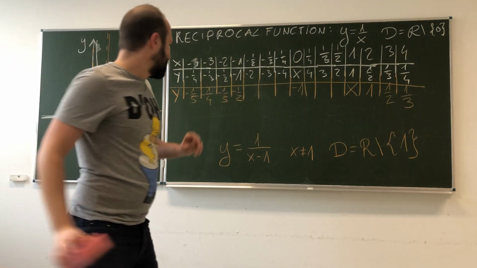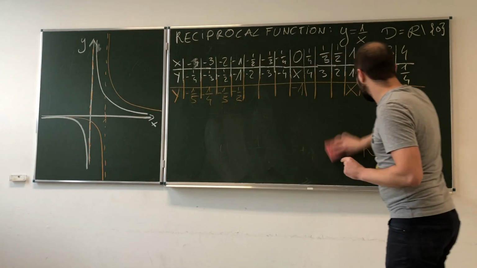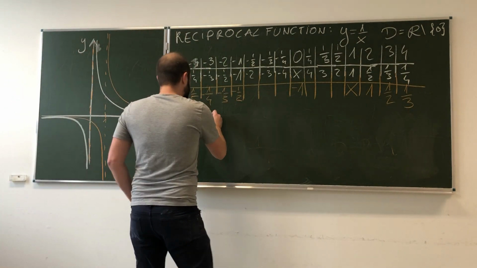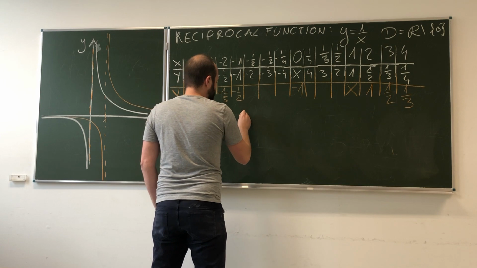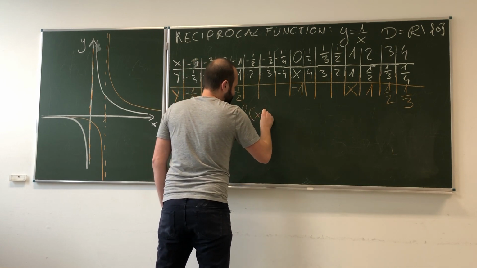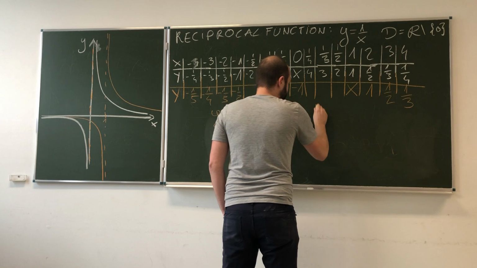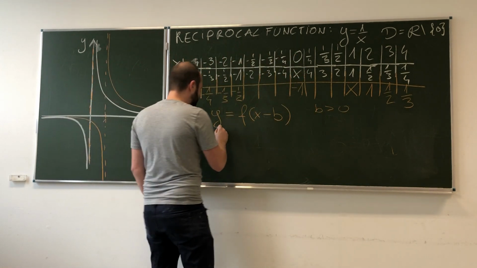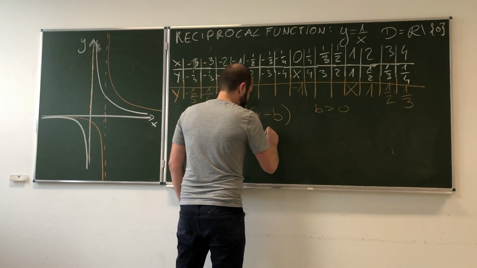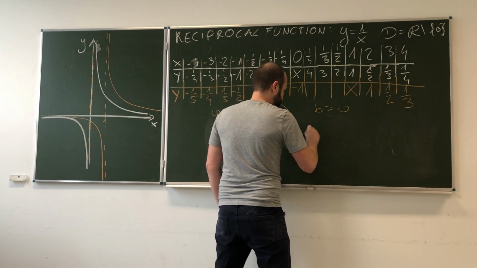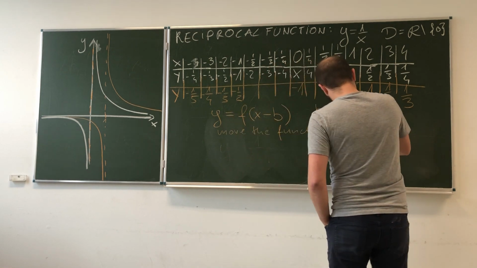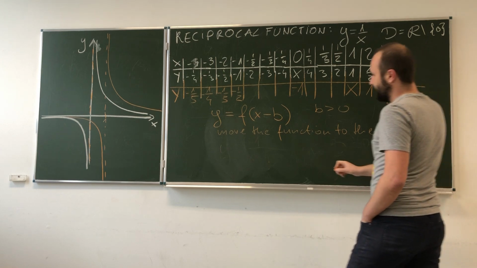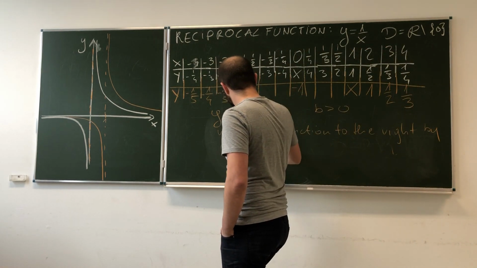Okay, but look, based on this simple example, we can conclude another rule. If we have a scenario in which we have y equals f of x minus b, where b is positive, then we should move the function to the right by b units.